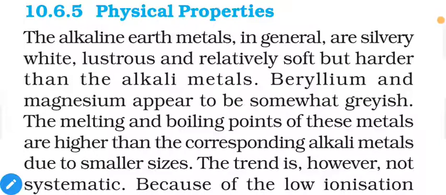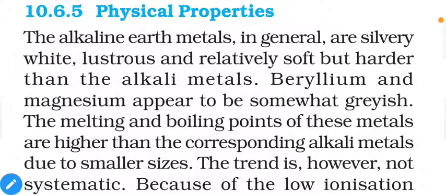Now let's talk about the physical properties. Alkaline earth metals in general are silvery white, lustrous and relatively soft but harder than the alkali metals. Now notice all of these group members are soft metals, group first and group second, because metallic bonding depends on the number of valence electrons.